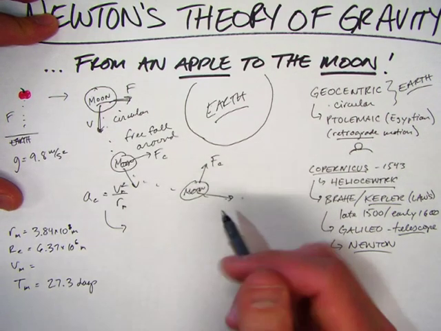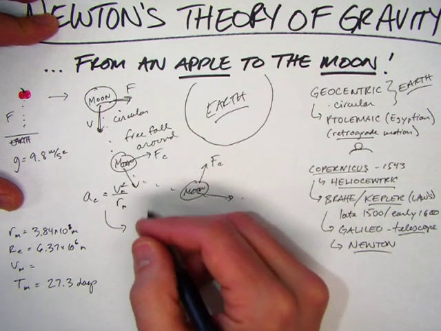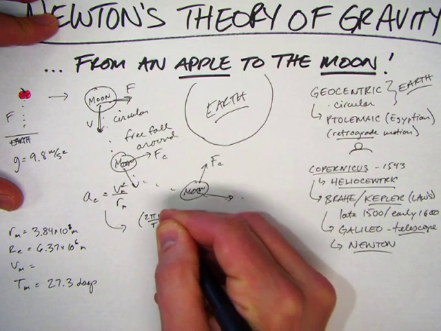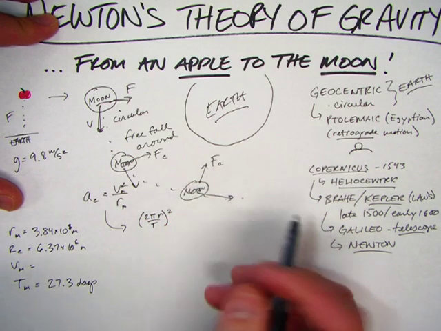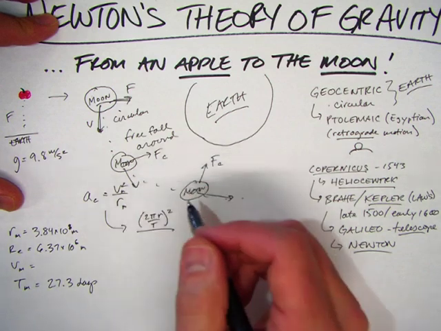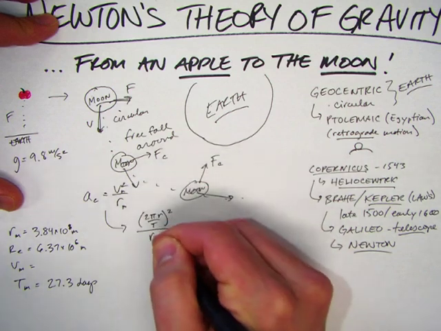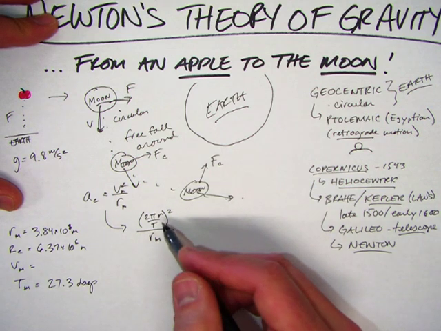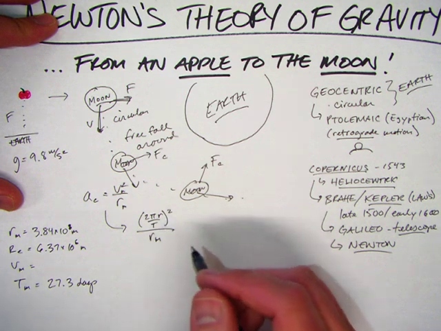So here's what he did. He basically said, well, if I take 2 pi r over the period, that's my velocity, or the linear speed of the moon as it travels in a path around the Earth.